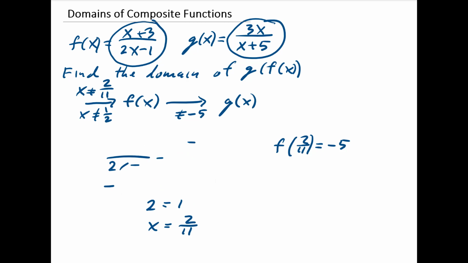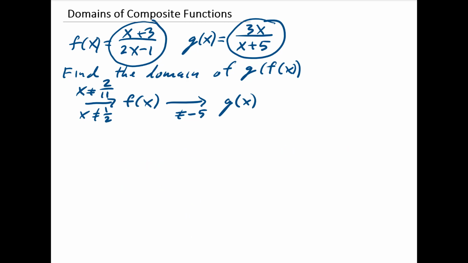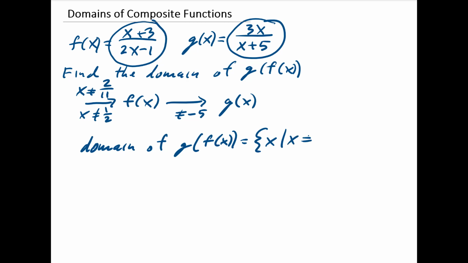So the domain of g of f of x is going to be every number except 2 over 11 and 1/2. The domain of g of f of x is a set of all numbers such that x is not equal to 1/2 and x is not equal to 2 over 11.